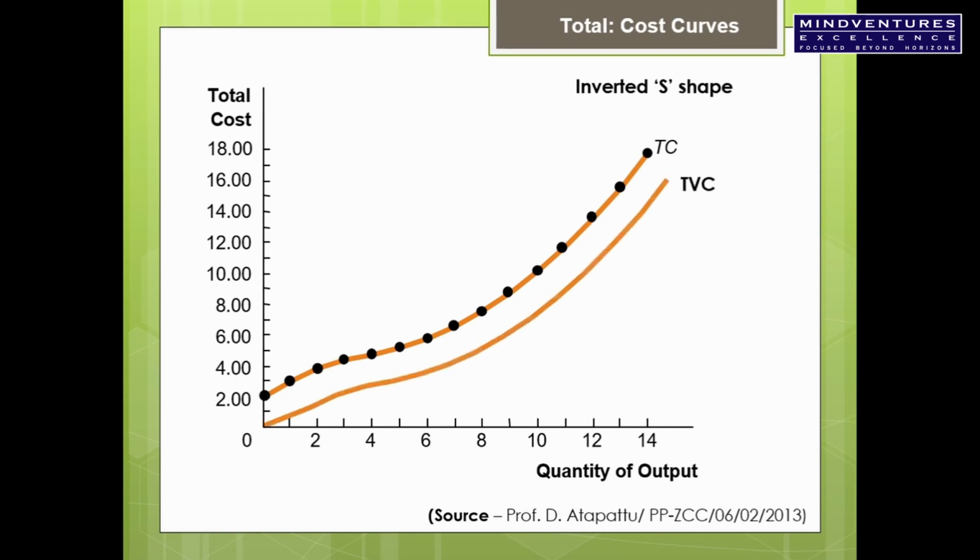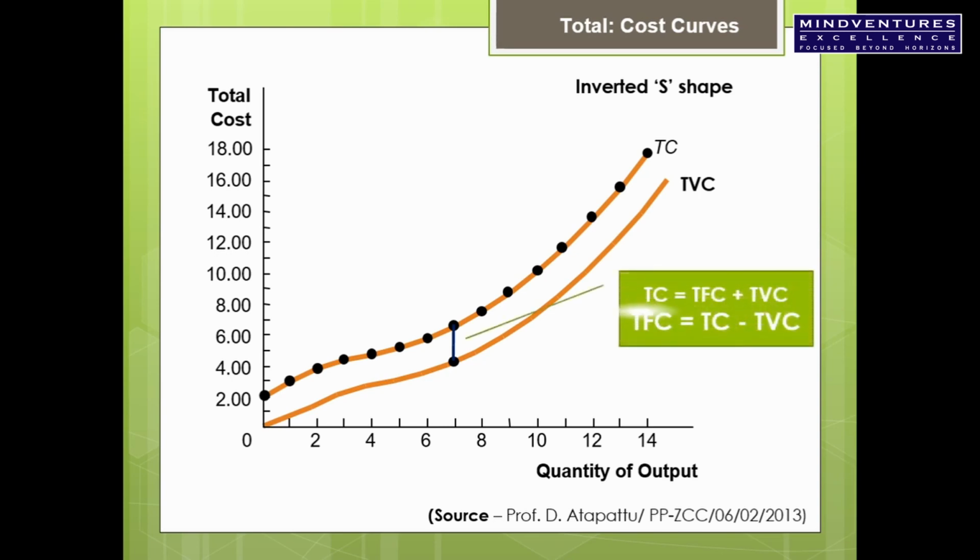If you look at the total variable cost curve, it is also an inverted S-shaped curve, and it is drawn below the total cost curve because total variable cost is a component of total cost. The total variable cost curve and the total cost curve are identical in terms of their shape, the inverted S shape, because the difference between total cost and total variable cost is total fixed cost.